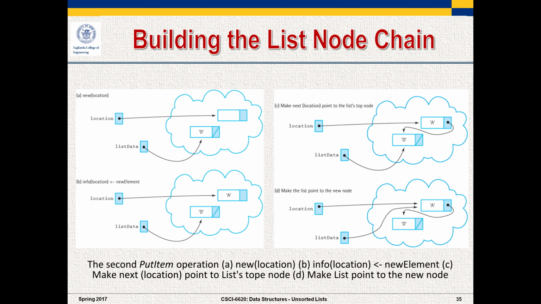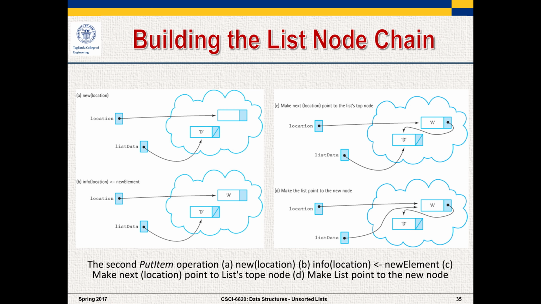So if you follow that through, here are 4 steps creating a list which has 2 elements. You would start in A. You would first create the new node that is pointed to by location. In B, you update its info component to actually store the data.